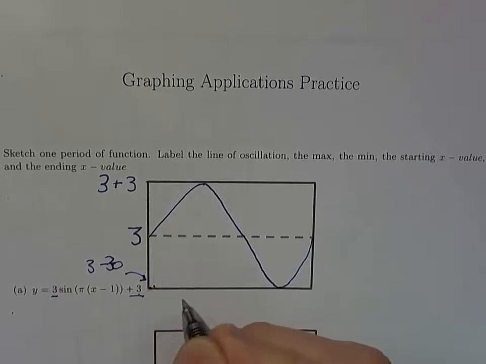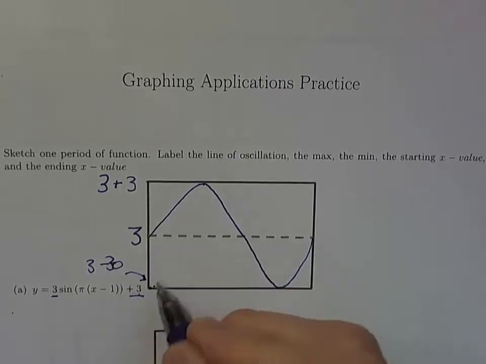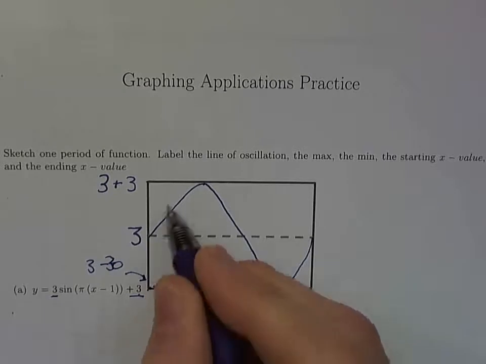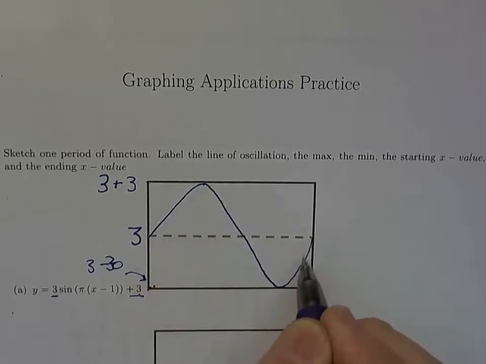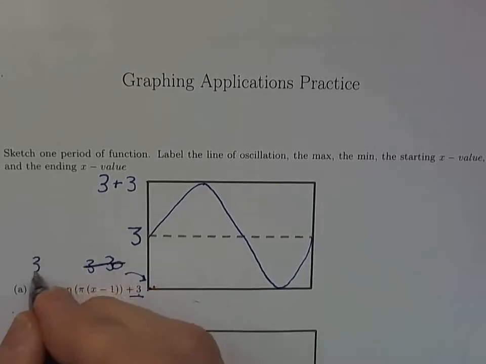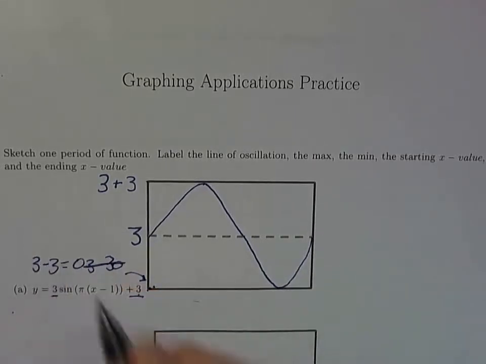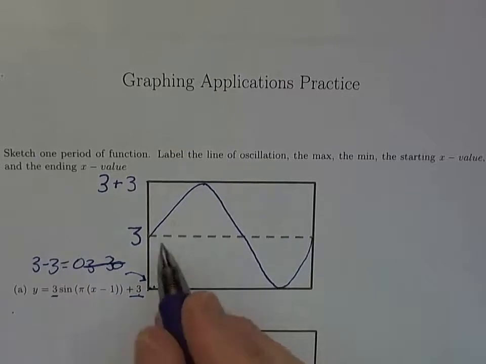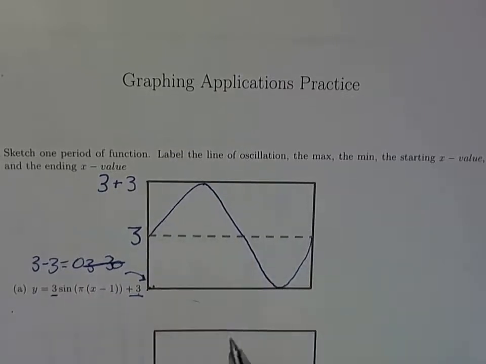Sorry about that. So there's 0 right there. So the graph goes from 0 all the way up to 6. There we go. 3 minus 3 equals 0. Now, we're finished with that.